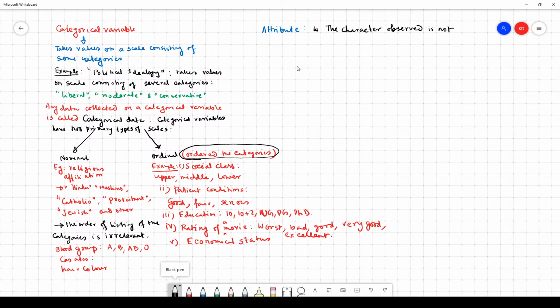Okay, this is also ordinal data. Thank you. So the character observed is not expressible in numerical term.